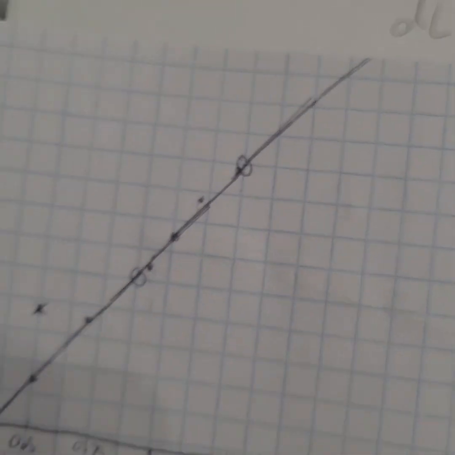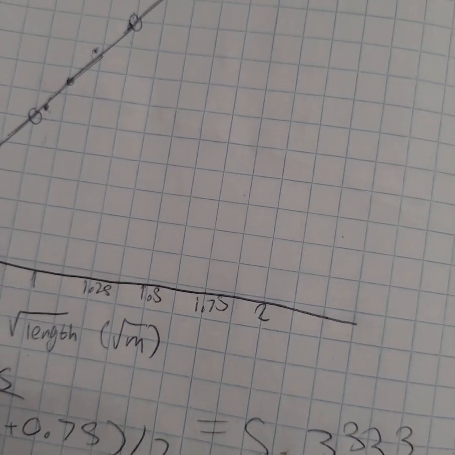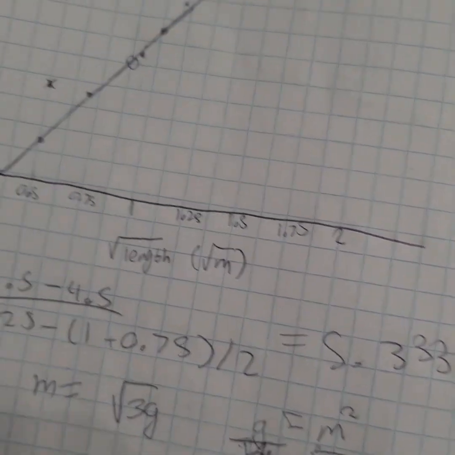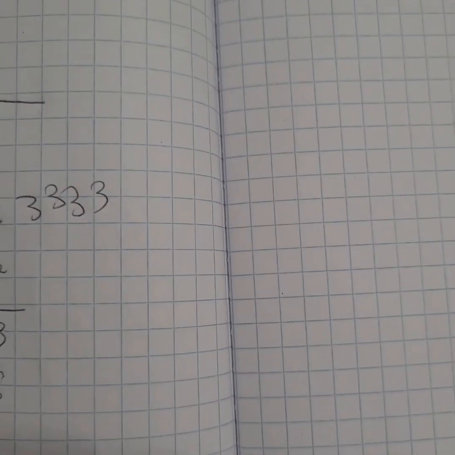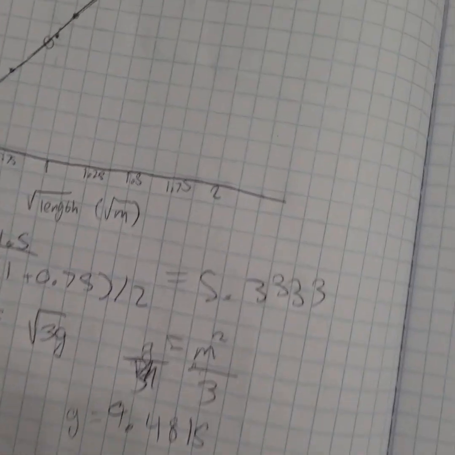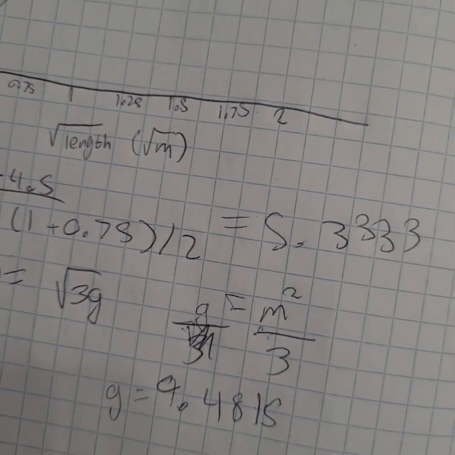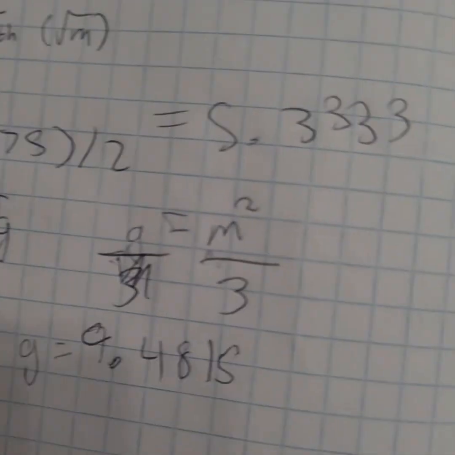And then the next question asks to correctly calculate the slope of the line. So to do this, first of all, you can just find 2 points that look easy to calculate. So I chose these 2 points. And when I did that down here, I got 5.333.